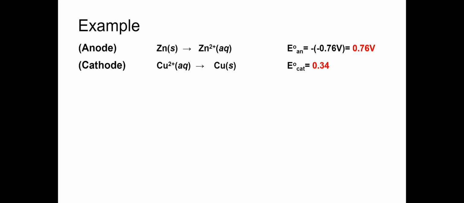So, siguro let's try to answer. Kung paano natin siya i-compute again. So, let's say given ka ng ganito. So, E naught of the cell is equal to E naught of the cathode minus E naught of the anode.